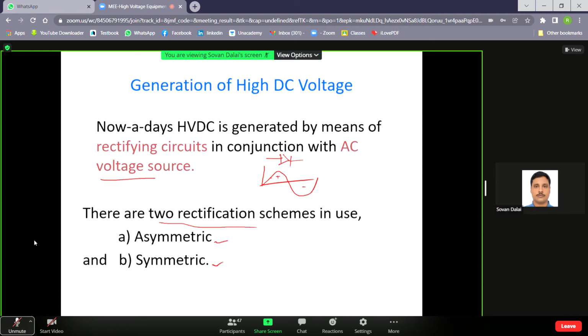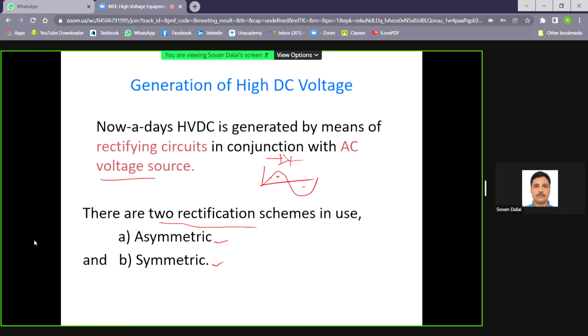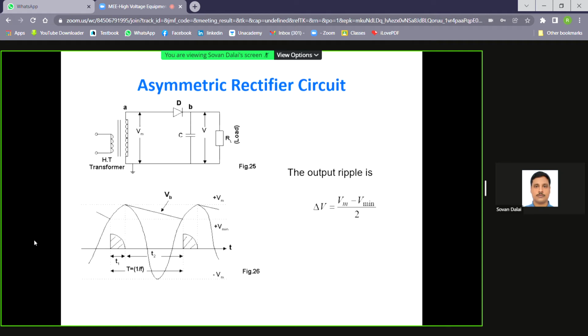Okay, now first of all we will discuss the asymmetric circuit, then the symmetric circuit. So this is the most common form of asymmetric rectifier circuit, and what is the circuit?